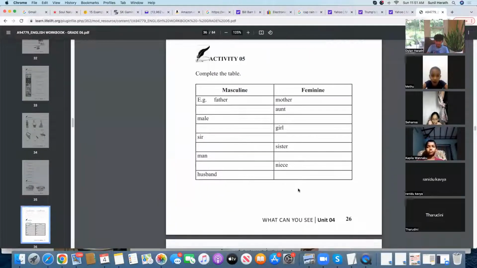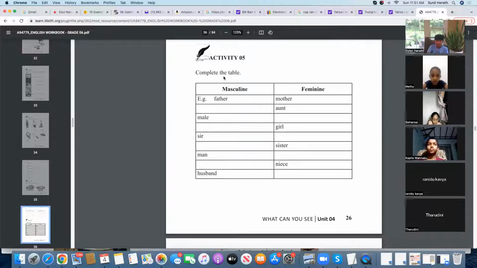We're going to have to complete this table, and we're going to have the masculine version, which is the male version, and the feminine version, the female version. So, for example, the father, we're talking about a family. The father is the male, and the opposite of father in female is mother.